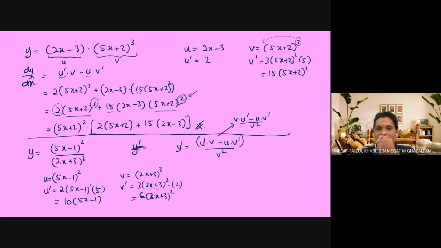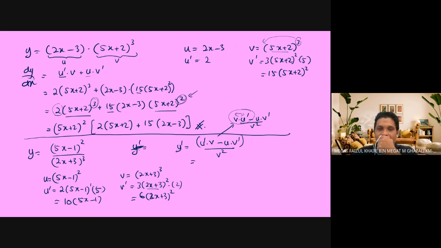Right? Just because v times u prime and u prime times v are the same. That's why I rearranged the writing of this as u prime v minus u v prime divided by v squared.